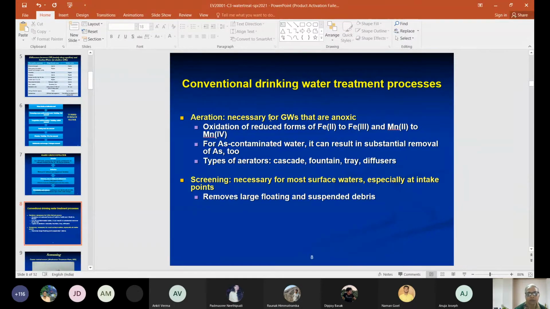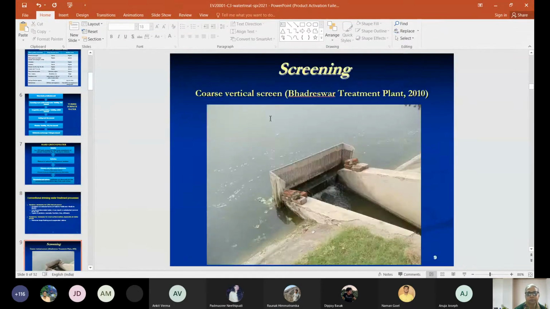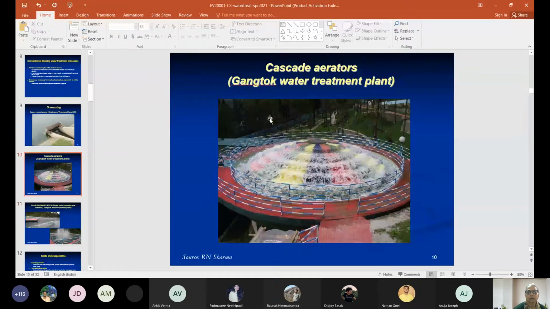Let me show you some graphics of aerators. This is an aerator. All my photos are from the Gangtok water treatment plant. This is from a student who was here a long time back. Even in our Kharagpur campus, we have the same cascade aerator, but it's a much, much smaller version because the water treatment plant here is very small compared to, let's say, a city.